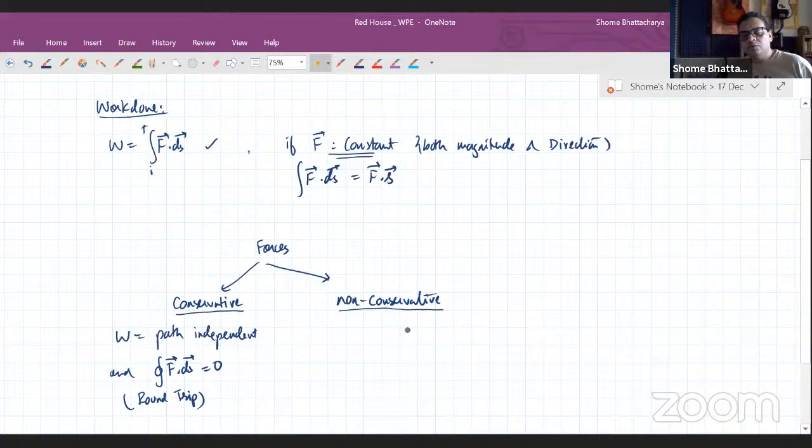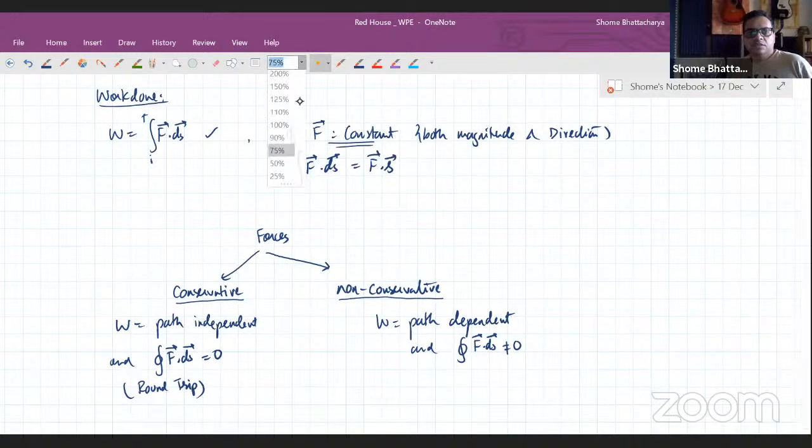Whereas when we talk about non-conservative forces, the work done is path dependent, and we'll discuss more about this today. The work done in a round trip in the case of a non-conservative force is going to be a non-zero quantity.